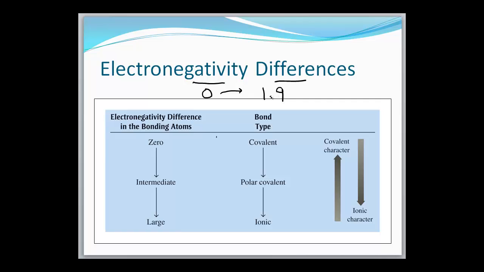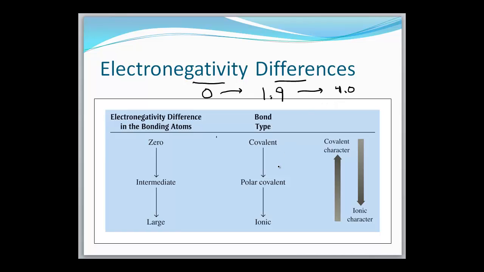In other words, if you take the two electronegativity values, subtract them, if your answer is from 0 to 1.9, we're going to call that a covalent bond. If it's greater than 1.9, we're going to call it an ionic bond. And it can go up to 4 because that's the electronegativity of fluorine.